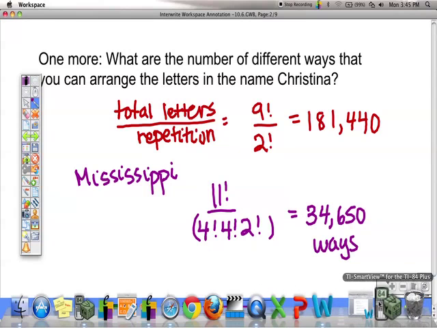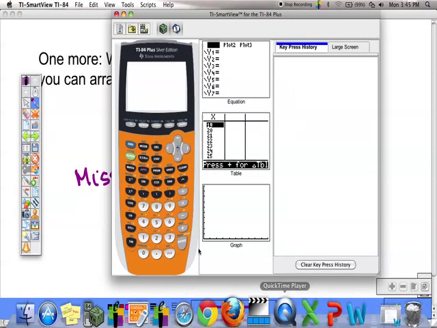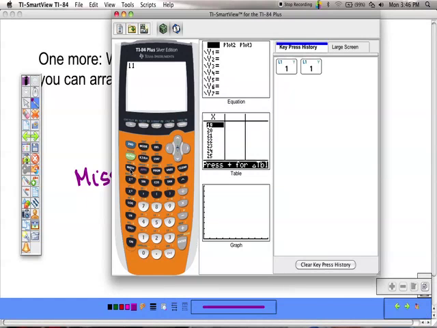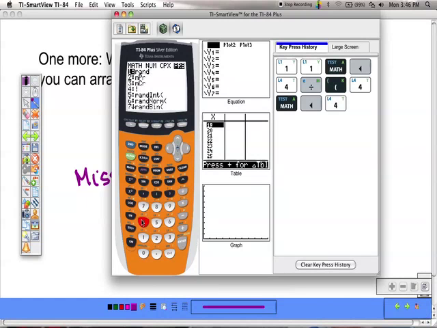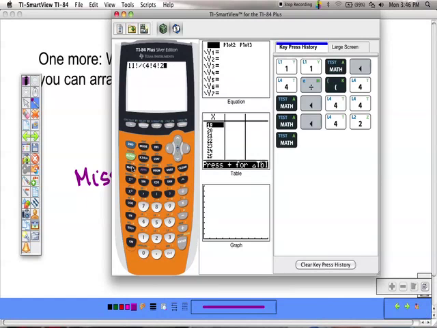So we can practice typing that in. So we have 11, and then if you go to math, go to probability, and factorial is number 4. Divided by parentheses, 4 factorial, 4 factorial, 2 factorial, alright, and there's the answer.